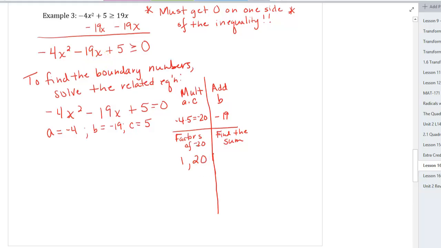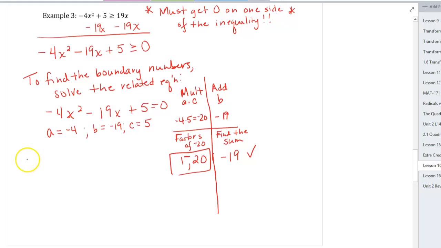Now, if it's going to be negative 20, one of these has to be negative. And if it's going to give us a negative number when we add, the larger one is going to be negative. And 1 plus negative 20 is, in fact, negative 19. So this is my pair of numbers that I'm looking for.